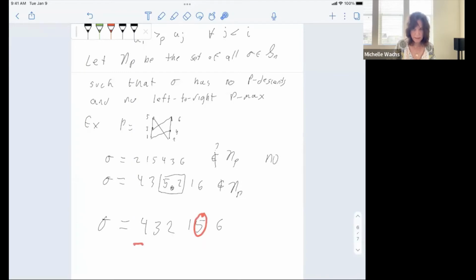And the same for 6. It's not a P maximum because 6 is not bigger than 5 in the poset. So it has neither. That makes it belong to N_P. So that one does.